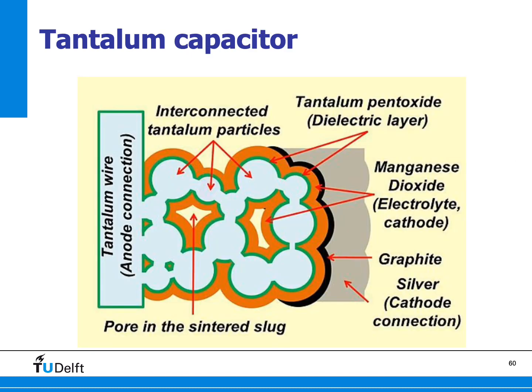So how to make the tantalum capacitor? Well, you have a tantalum wire, which functions as the anode, and you have tantalum particles that you sinter together, and you let, in green here, grow an oxide layer on top of it, so a nanometer thin oxide layer that acts as the dielectric material.